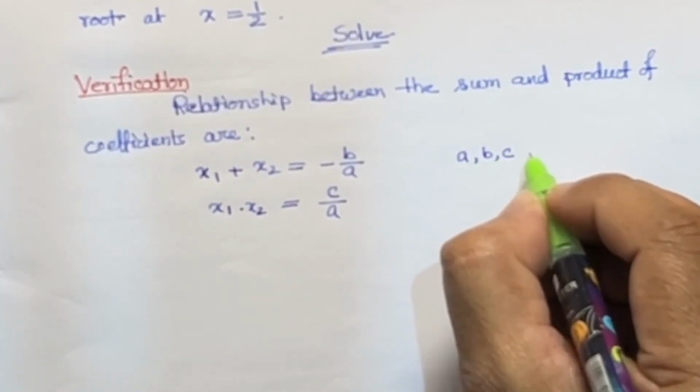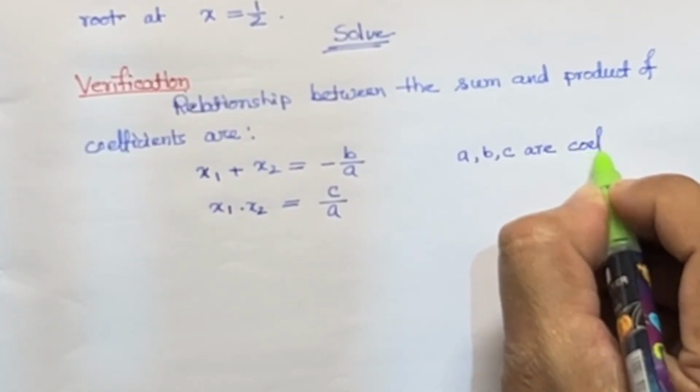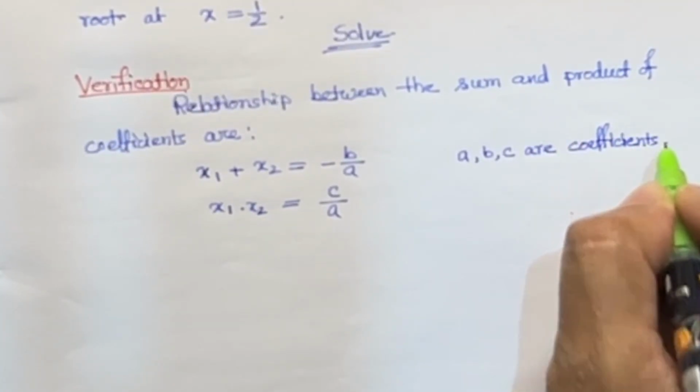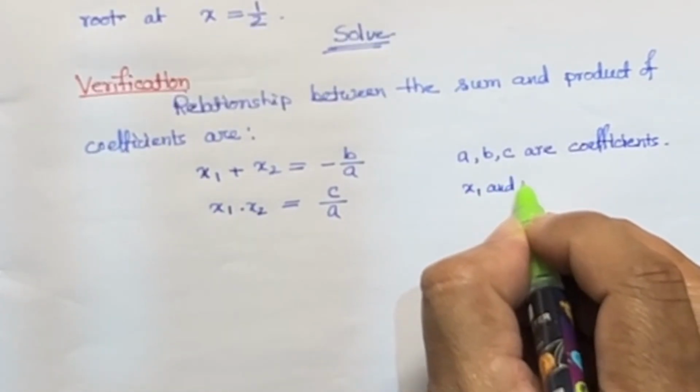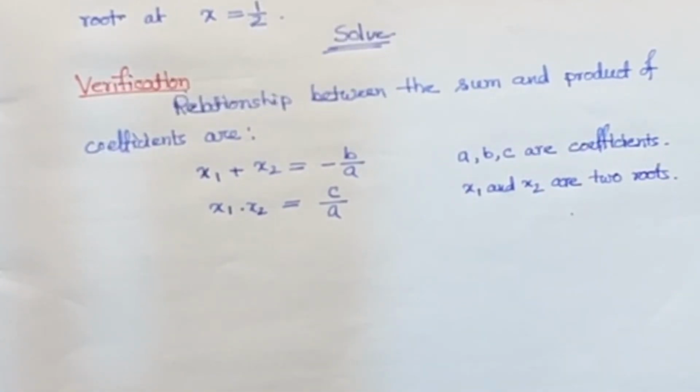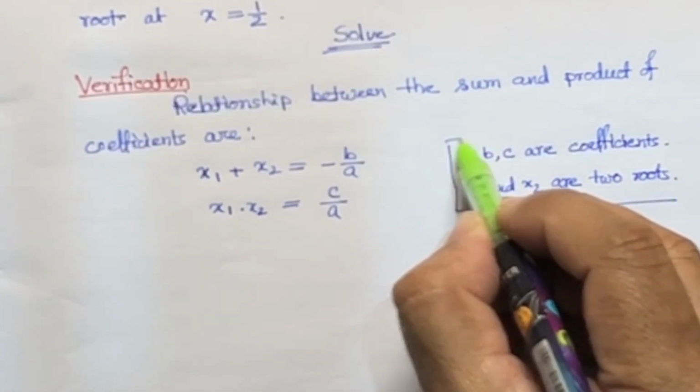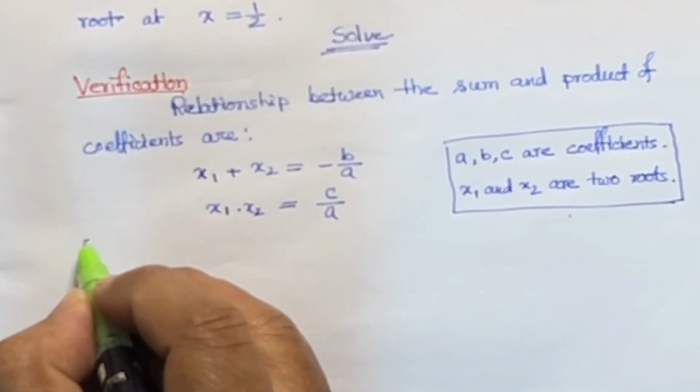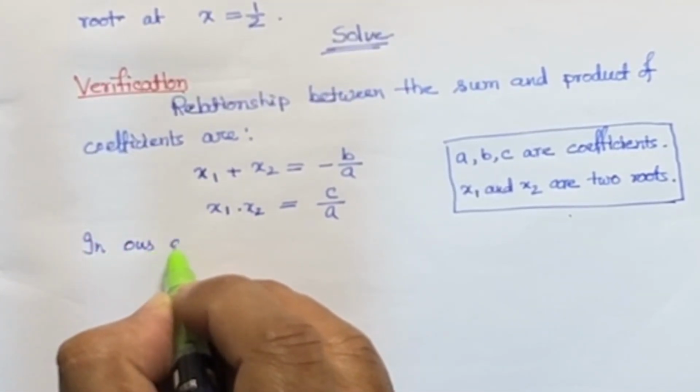Here a, b and c are the coefficients and x1 and x2 are the roots of the quadratic equation. Now let's put the values of a, b and c.